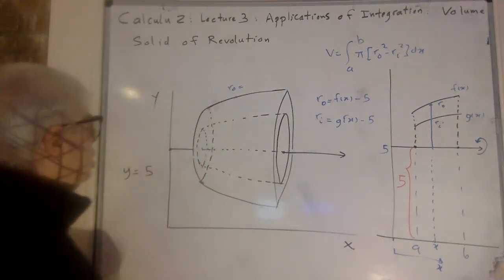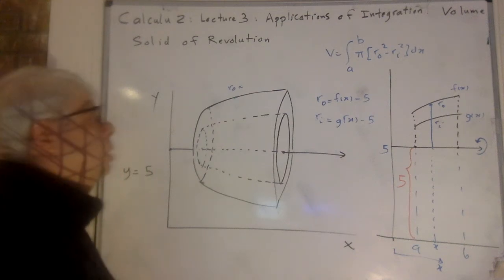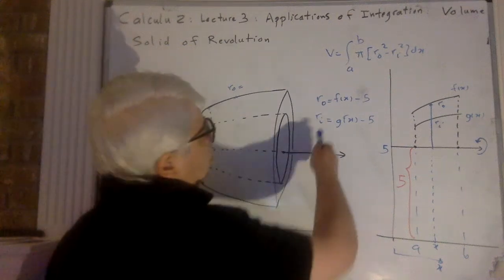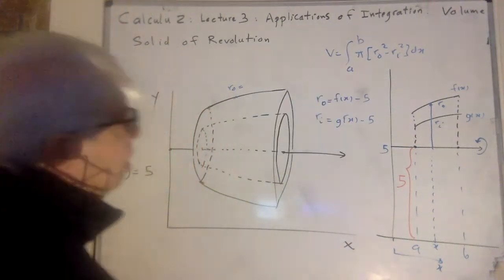Okay, I made a mistake. The other one is Ro, this one is Ri, and that's g(x) minus 5. So for the volume, just plug in these two and you have the volume.